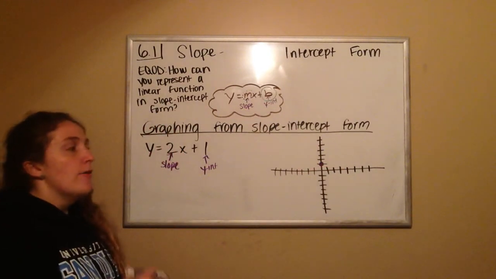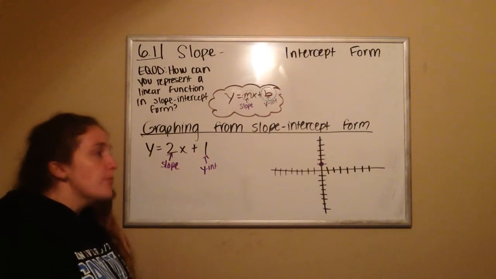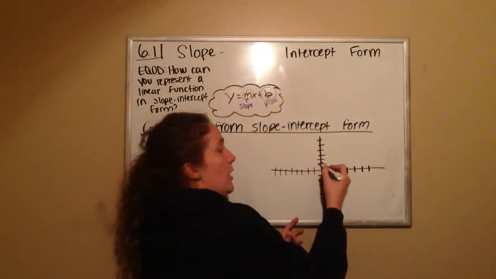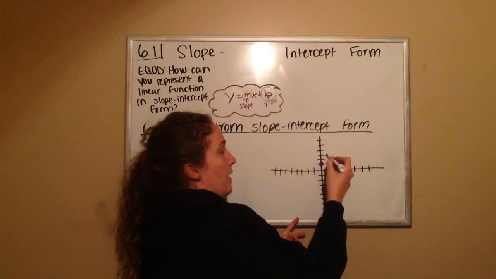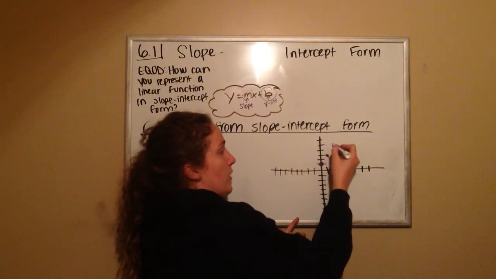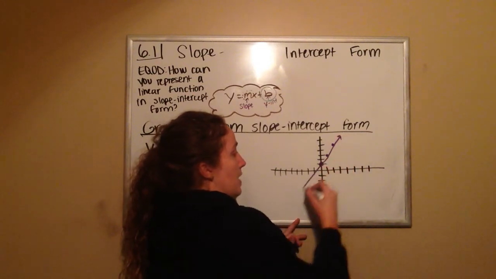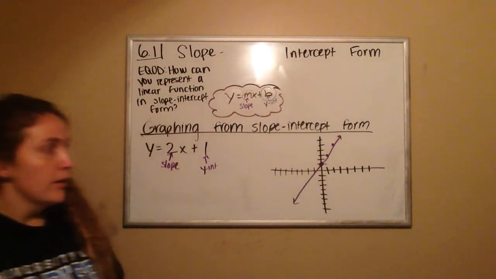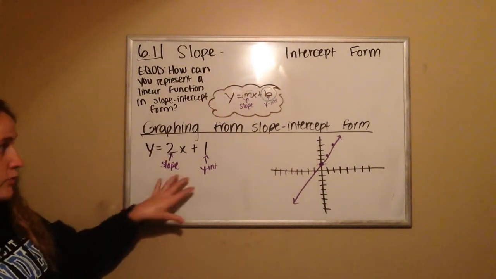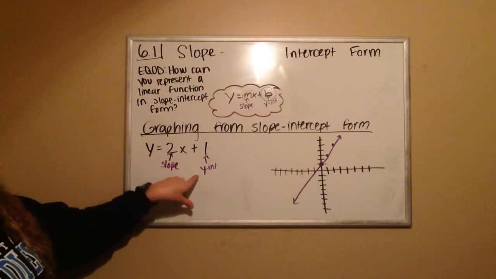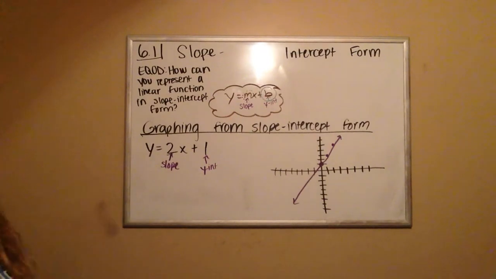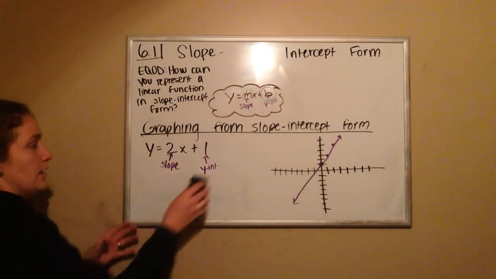From there, you have a slope of 2, meaning you rise 2, run 1. Rise 2, run 1. Right? And we can connect those as straight as we can possibly make it. And we get our linear equation represented by this equation.